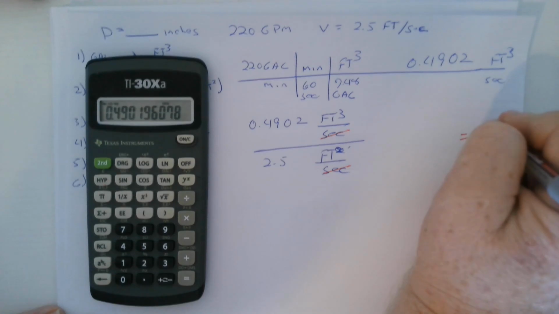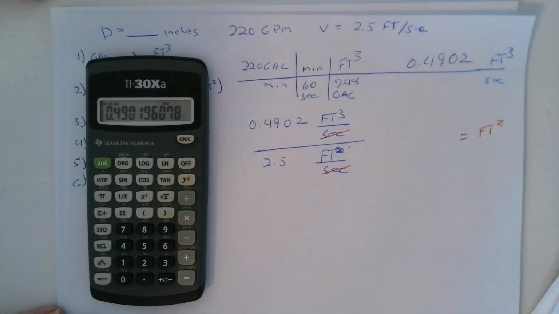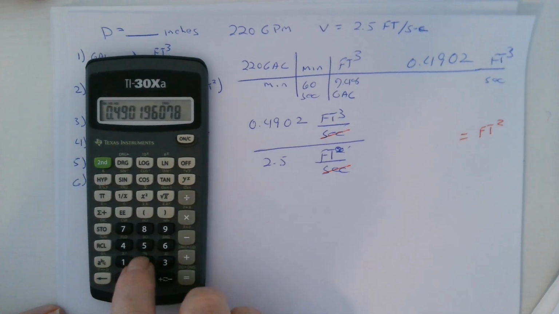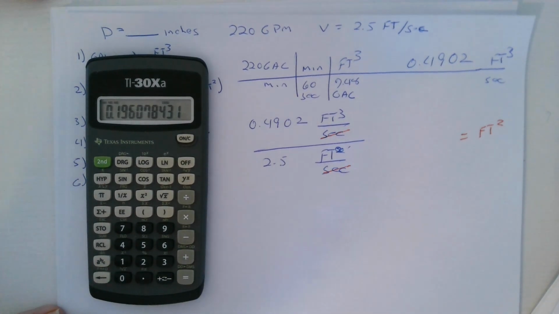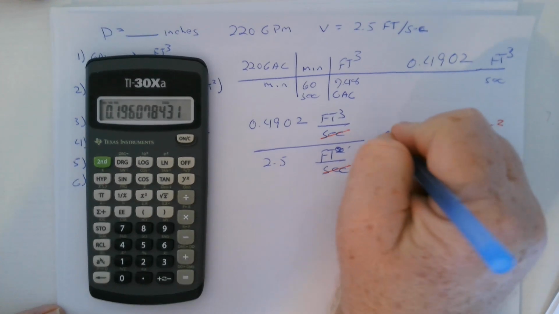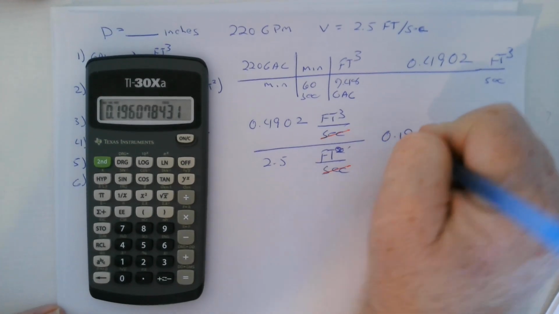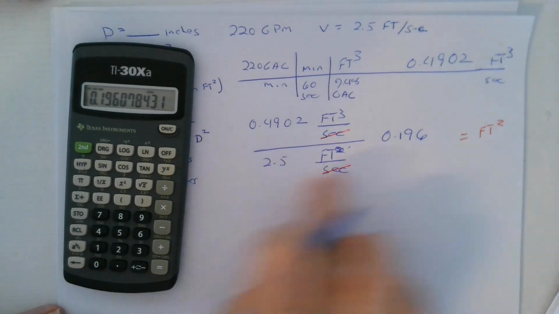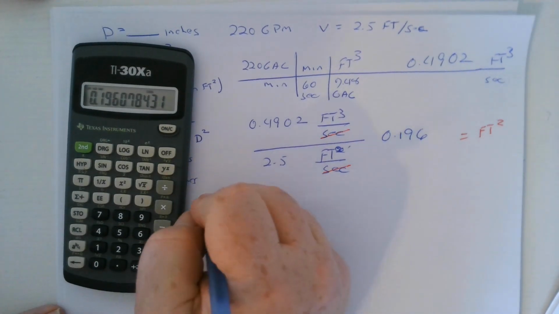And so the answer will come out in the cross-sectional area, feet squared. My number here divided by 2.5 feet per second says that I've got an area of 0.19 square feet. Okay, let's drop that one down here.